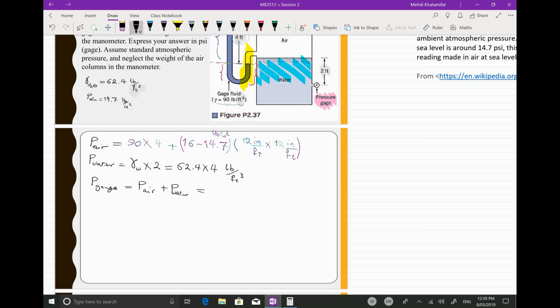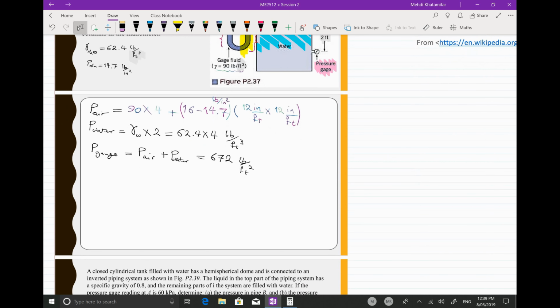If you calculate this one, you are going to reach 672 probably pound per feet square. Usually we prefer to use psi, so I need to convert this. Let's convert it. As you remember, I want to convert this feet to inch, so this time 1 feet is going to be 12 inch, and I need to repeat 2 times to get inch square.